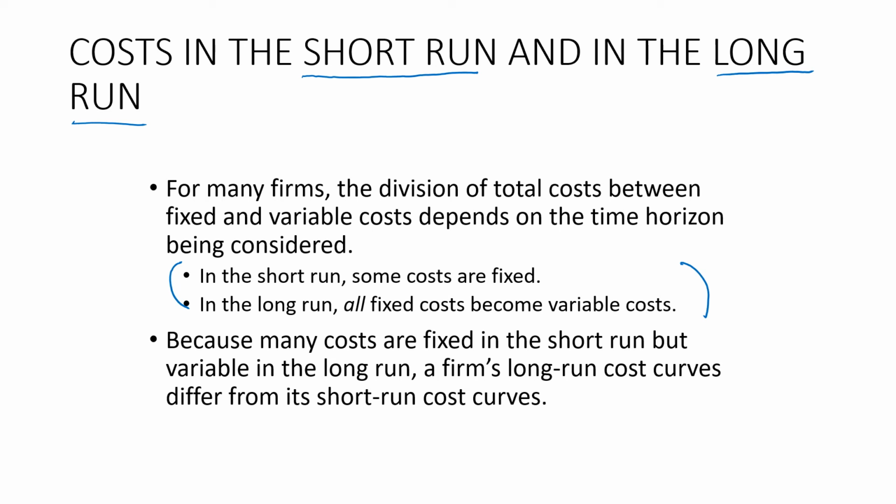It actually means that in the short run, we cannot reduce the cost, whereas in the long run, we are able to reduce the cost further because all the costs become variable.